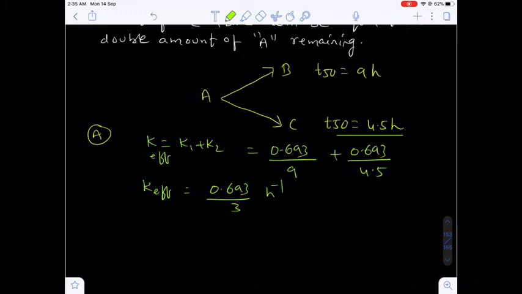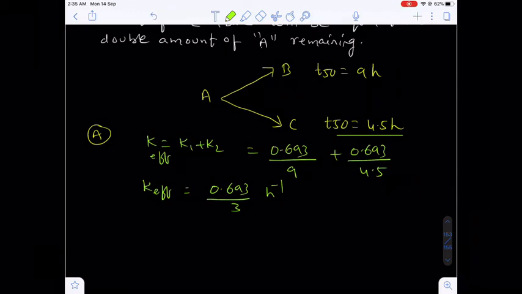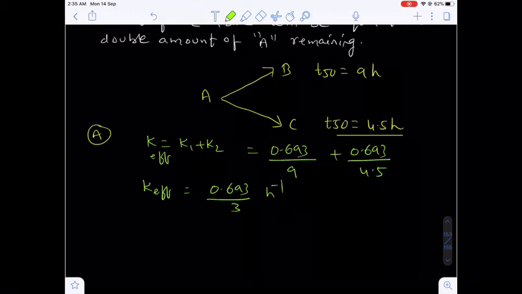That means from 0 to 9 hours there are two half-lives, 4.5 first half-life, next 4.5 second half-life. While A to B has only one half-life of 9 hours, A to C has two half-life periods. That means the concentration of C formed will be double the concentration of B formed from A. Are you getting my point?